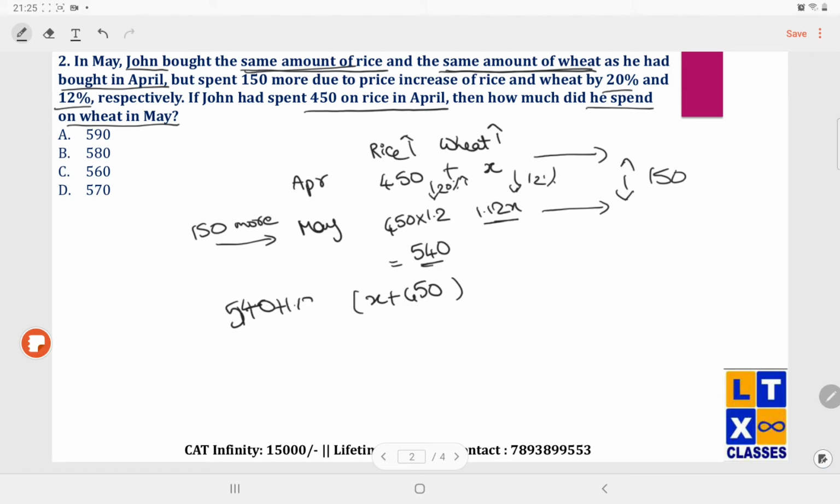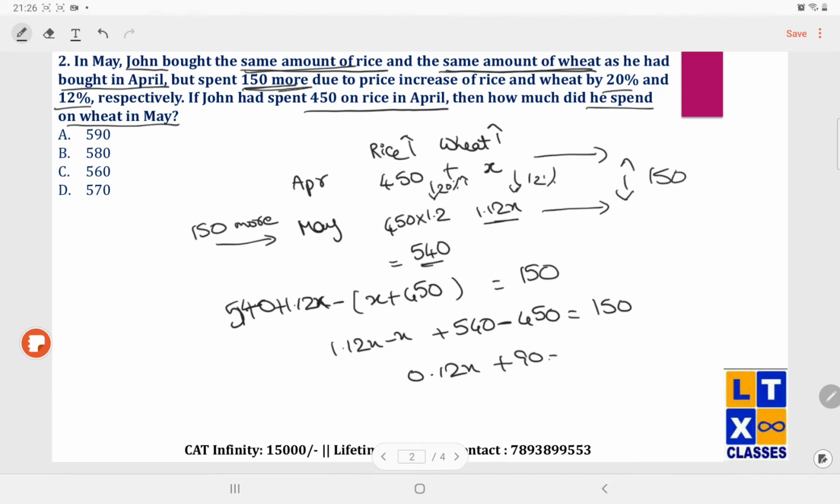So 540 plus 1.12x minus the cost in April is 150. This is what is given here. If you just solve this equation, this is going to be 1.12x minus x plus 540 minus 450 is equal to 150, which is 0.12x plus 90 is equal to 150, which means 0.12x is equal to 60 and x is 500.